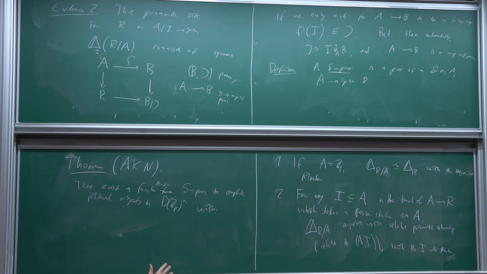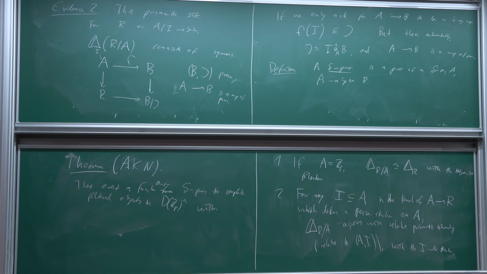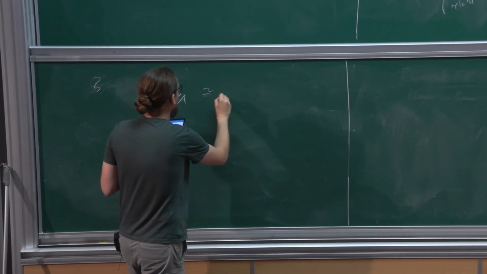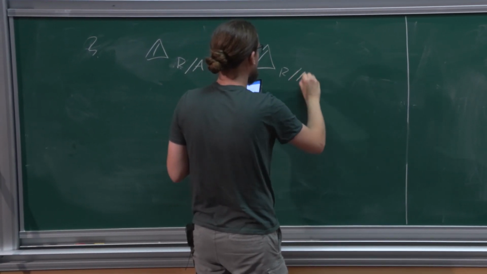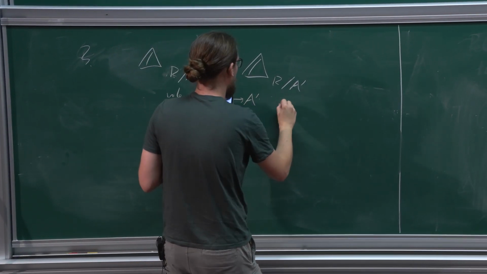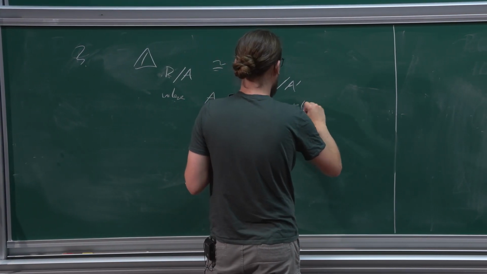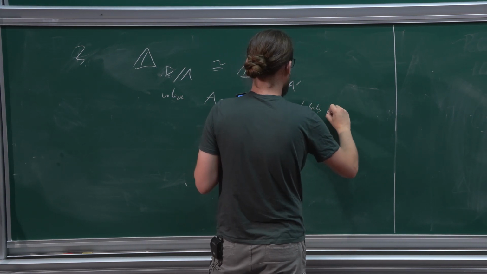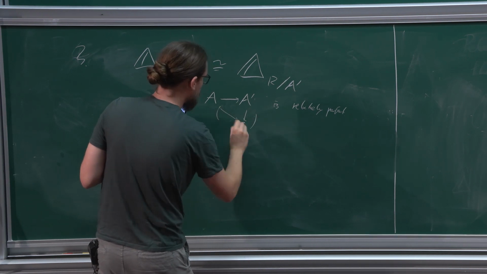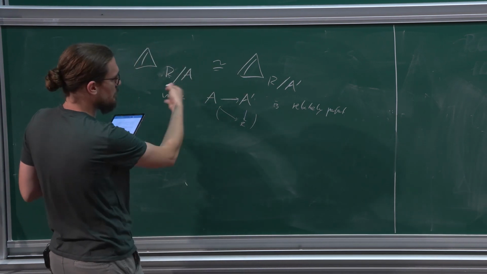So this is the two properties, how it compares to absolute and relative prismatic cohomology. And then it has some kind of invariance properties. For example, if you work relative A and relative some A prime, where A to A prime is relatively perfect, so both mapping to R, then they're the same.